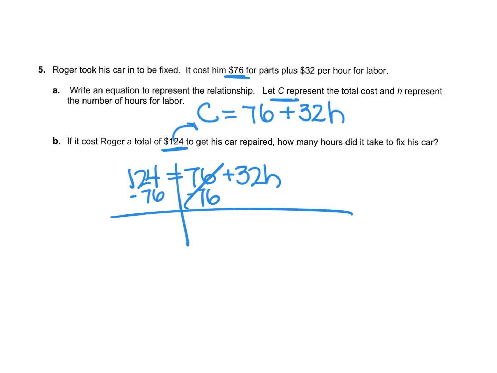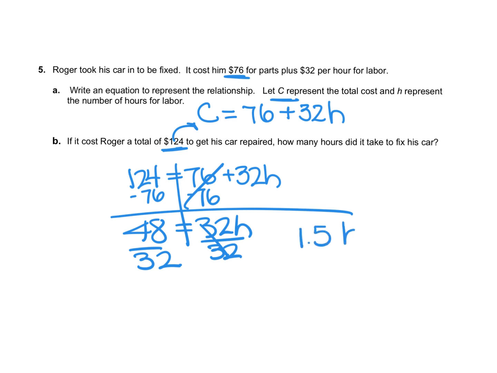And let's see, 124 minus 76, we have 48. And we'll divide by 32. And so 48 divided by 32, we'll end up with a decimal. So it took 1.5 hours to fix the car. So in this lesson, we took a look at how to write and solve two-step equations.